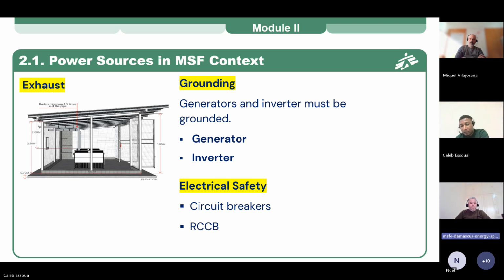Can you tell us why we need this distance, and if there is another solution in the city?